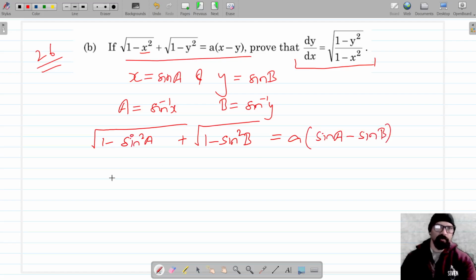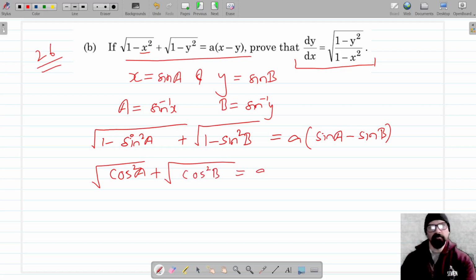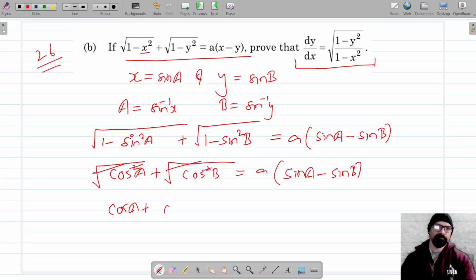Okay, 1 minus sine square a is cos square a, so this is under root cos square a plus under root cos square b, which is equal to a into sine a minus sine b. Okay, this is now cos a plus cos b is equal to a into sine a minus sine b.